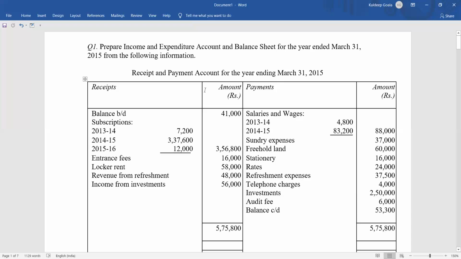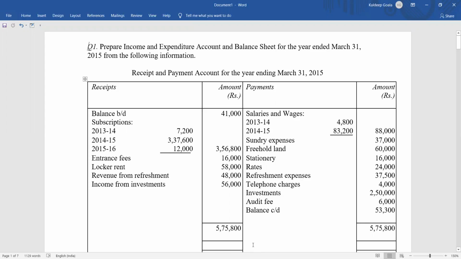Also, you should remember that both cash and non-cash items will be taken. Another important concept is that only recurring items, that is, those items which are going to appear again in a year, will be taken for the consideration of preparing the income and expenditure account. Capital items will not be taken into account.